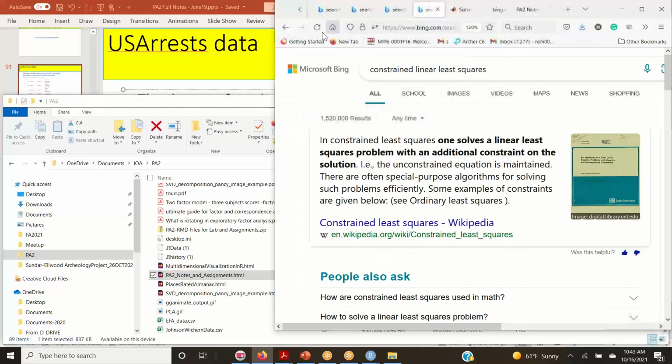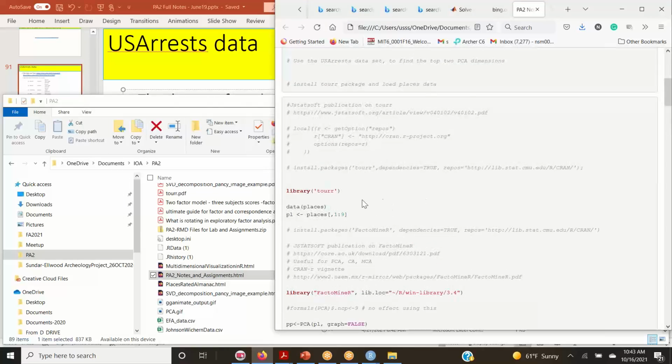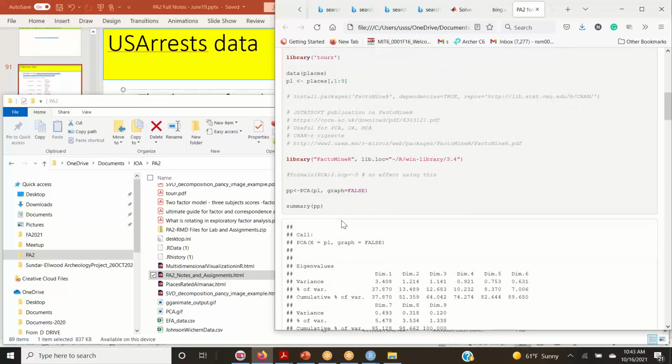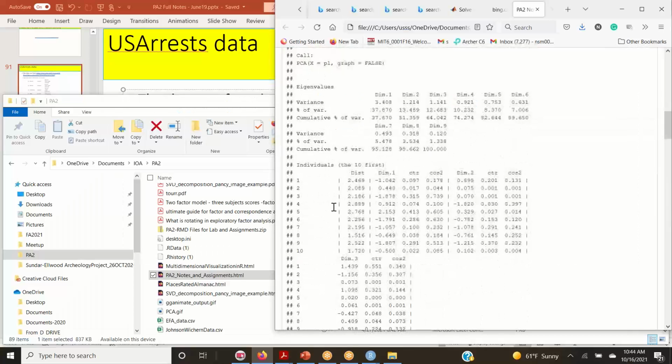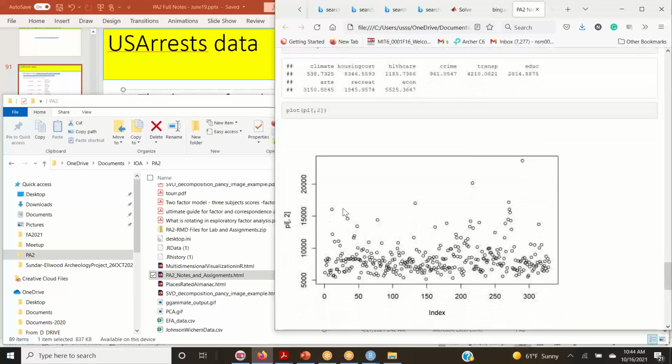So, one moment. Okay, so the library tool has placed the threaded almanac. I need not have done that. That's what this one is.